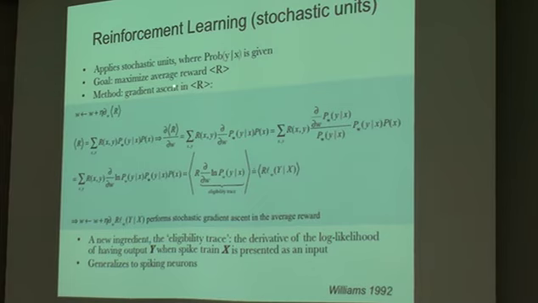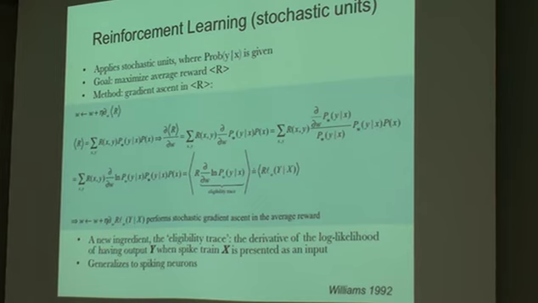Your goal is to maximize the average reward, right? Exactly the way we did it before, with the same method we used before, gradient descent on the average reward. So this would be the learning rule. All we have to do is calculate the gradient of the average reward.